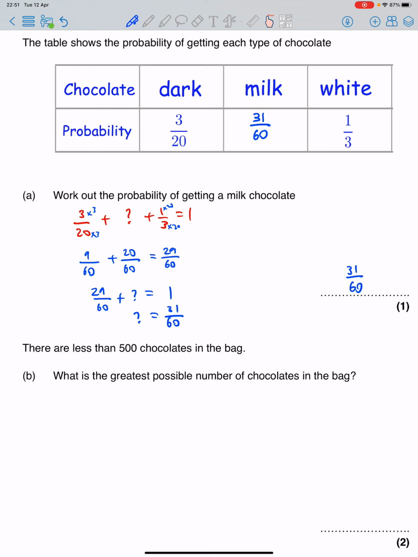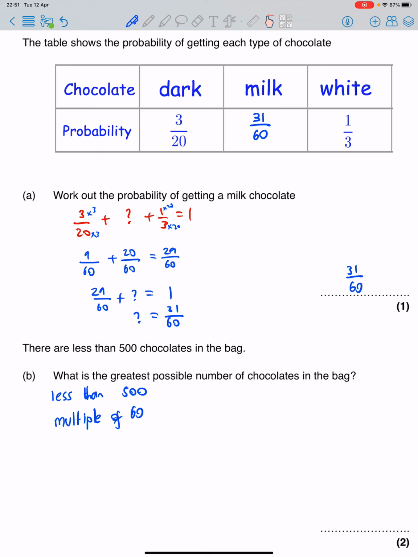So we need a number less than 500, but also a multiple of 60. Because the idea is you want to be able to have 3/20ths, 31/60ths, and a third.